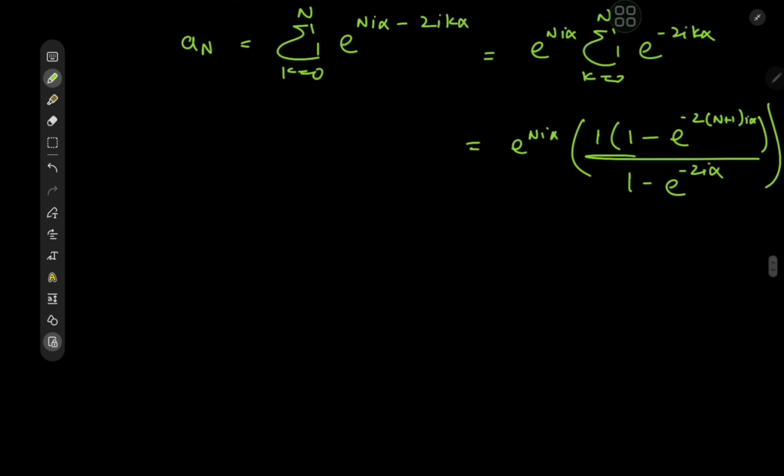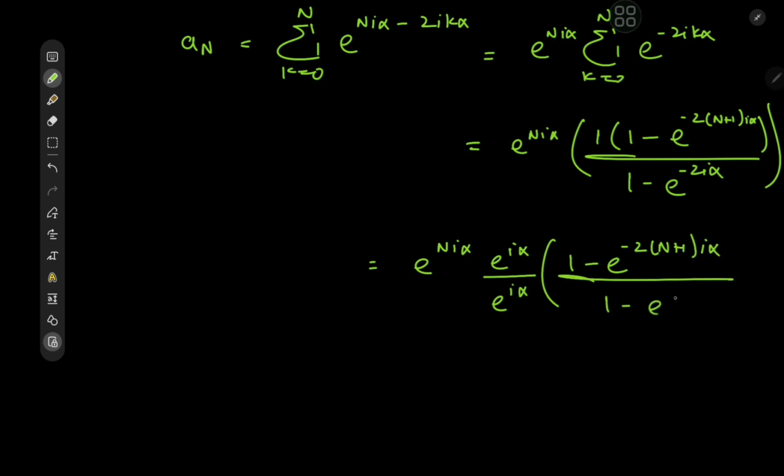So far, so good, and we can actually make this a lot nicer if we expand using e to the I alpha. So we have e to the I alpha upstairs and downstairs. We have 1 minus e to the negative 2 times n plus 1 I alpha, divided by 1 minus e to the negative 2I alpha.